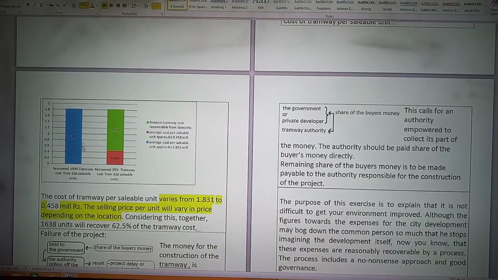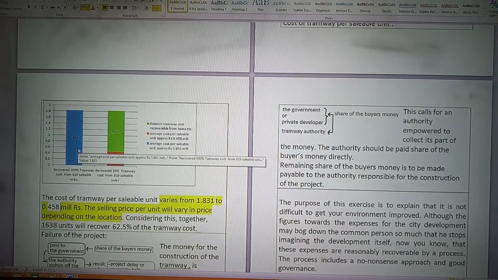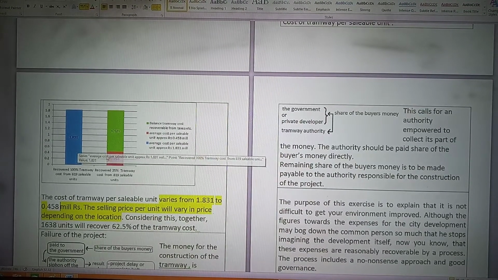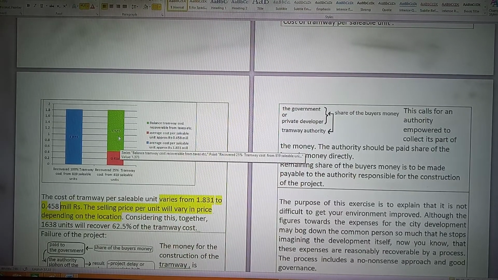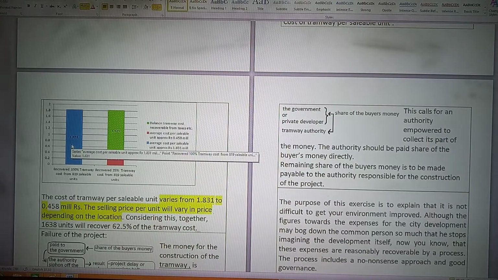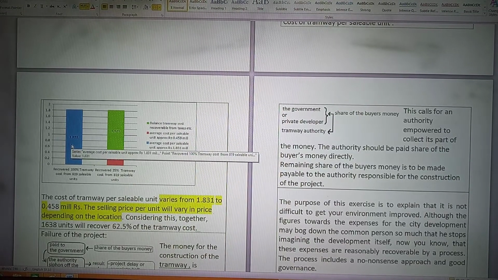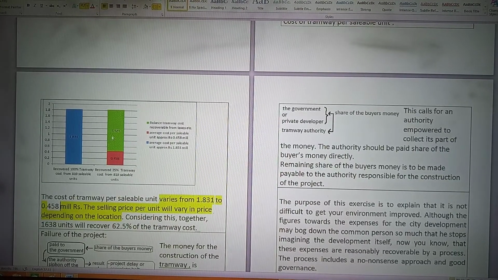So we consider 100% tramway cost and 25% tramway cost recovered by selling the flats in two different locations.